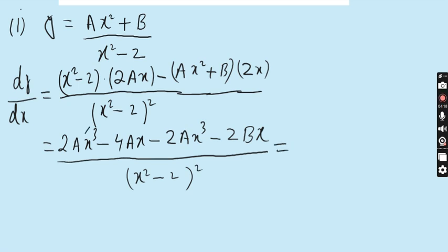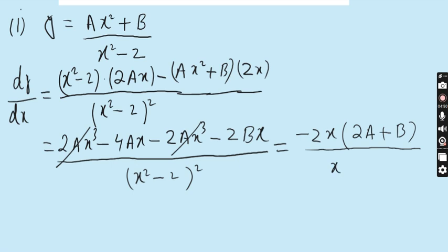You can see 2ax³ cancels with negative 2ax³. The remaining is negative 4ax minus 2bx. So if you take 2x common, it will remain 2a, and 2x is outside, so only one term is left, b upon (x² minus 2) whole square. This is what we need.